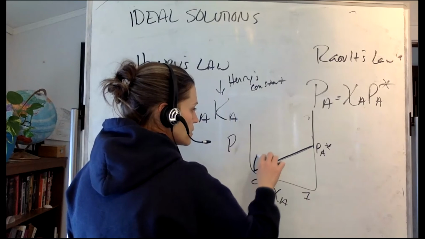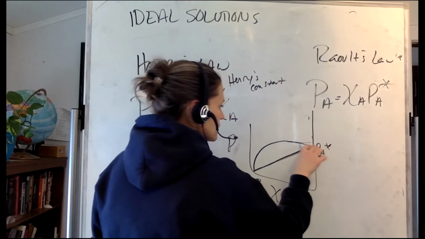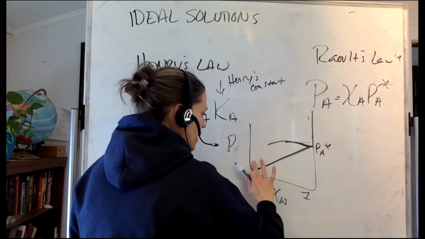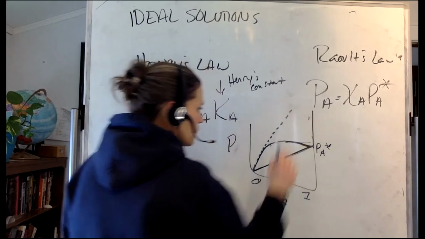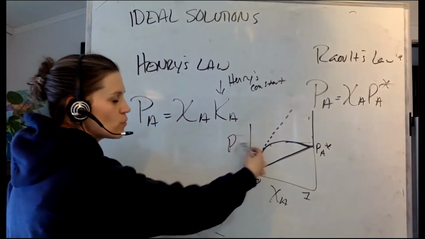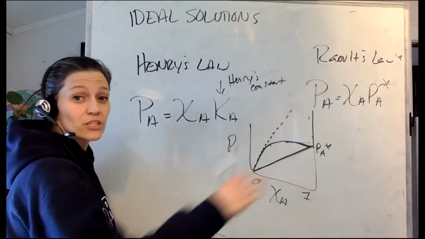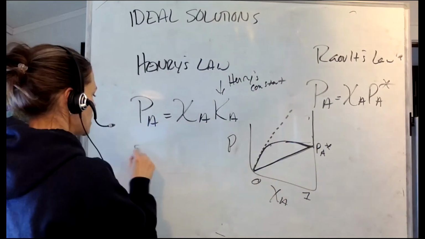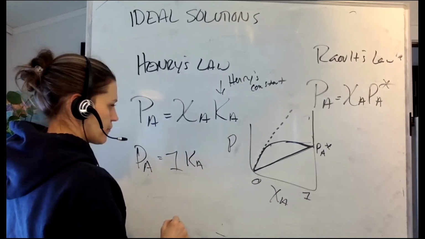If it's not ideal, it looks something like this, which is pretty bad. This is an extreme case, like I showed you, of maximum deviation from ideality. So P_A equals 1 times K_A.